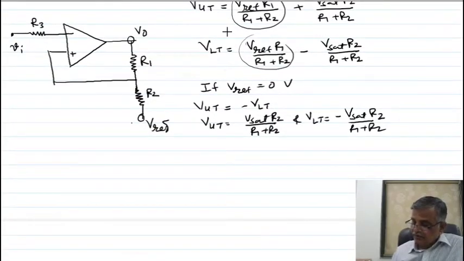So when you keep this reference voltage 0 here, you can say VUT is equal to minus VLT. This is useful for numerical purposes.